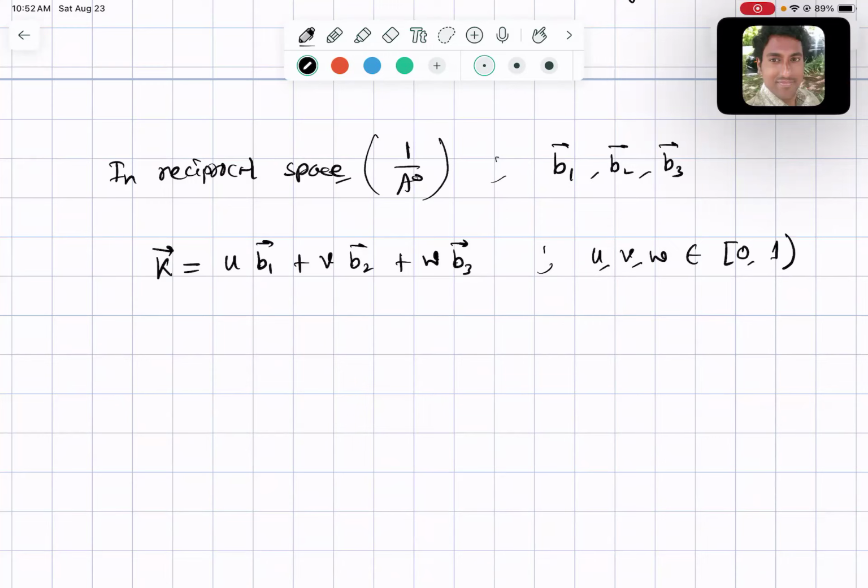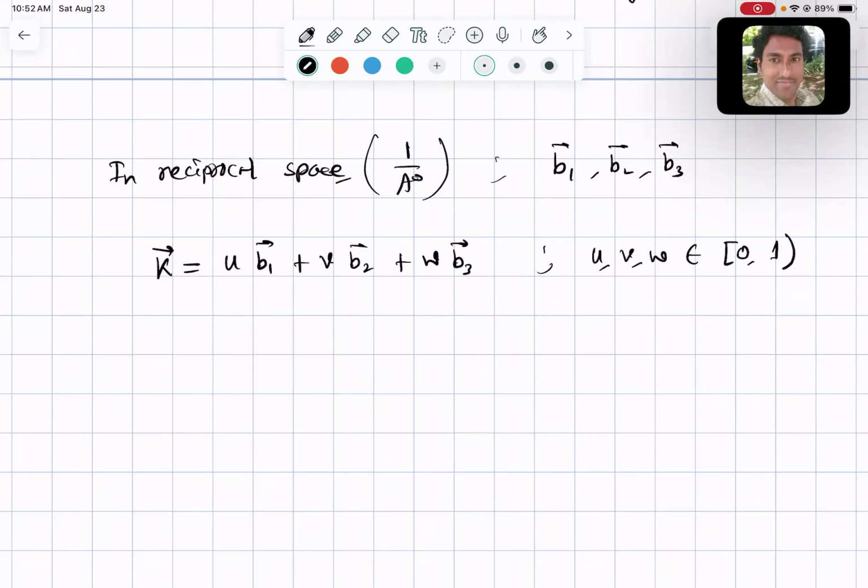So what does it mean to have a range 0 to 1? When their range is 0 to 1, then what is k? You can move in any direction with k by changing u, v, and w.